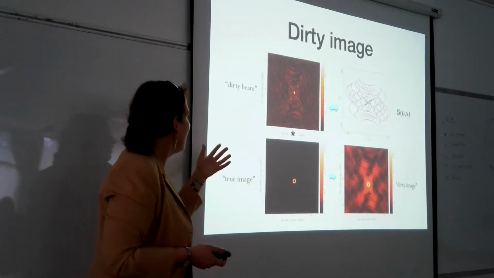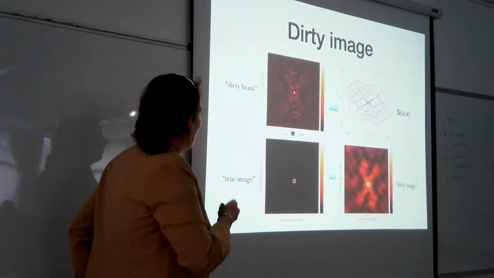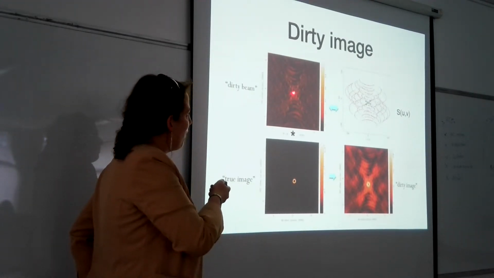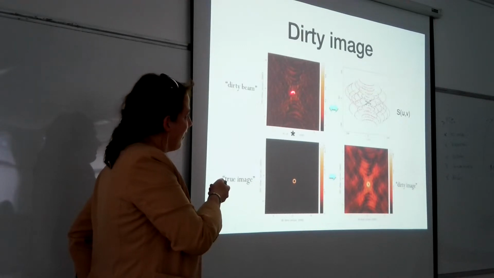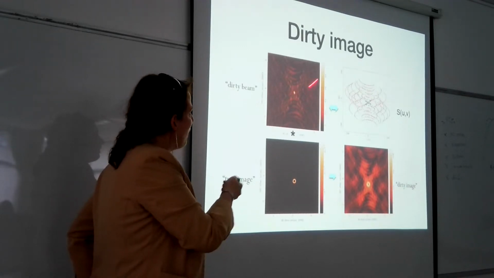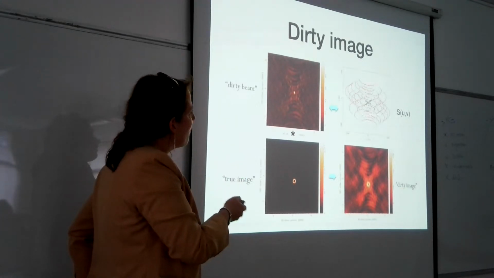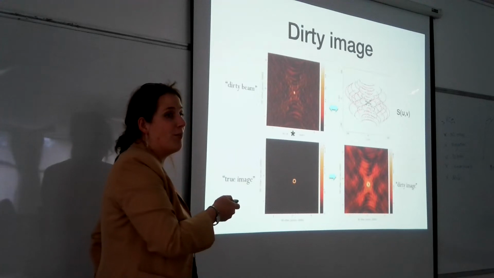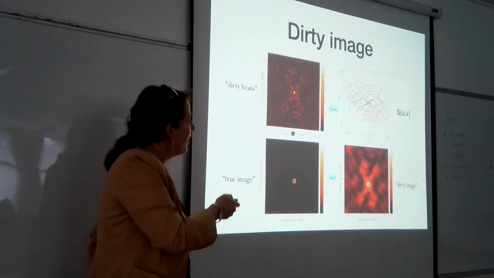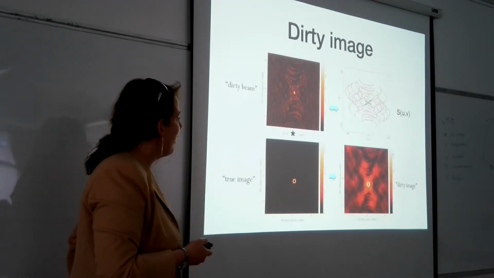This is how that looks. We've seen this example before. We have a dirty beam, a bright Gaussian in the center, but lots of little wiggles everywhere. This is the result of this UV coverage, with non-ideal sampling.